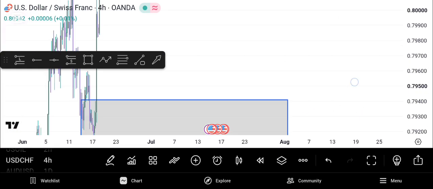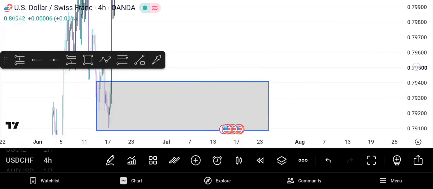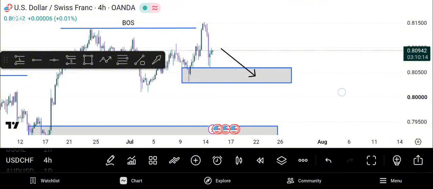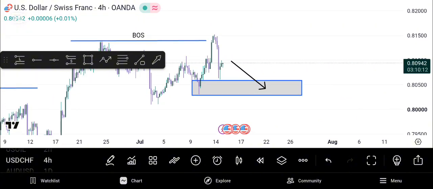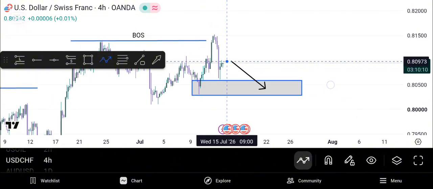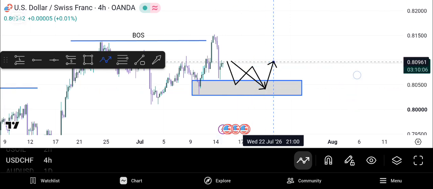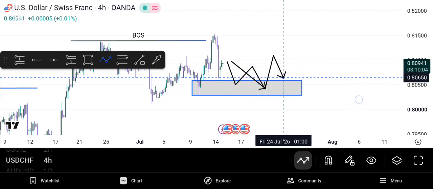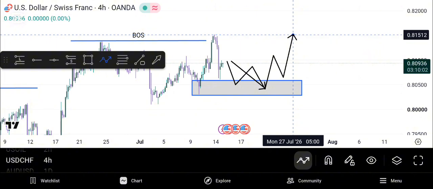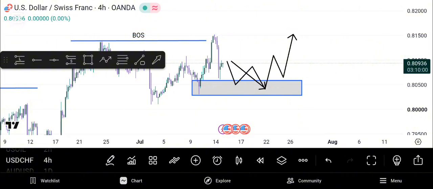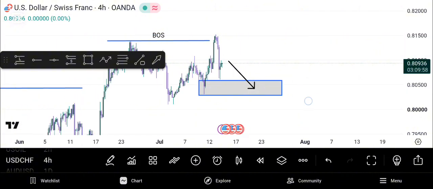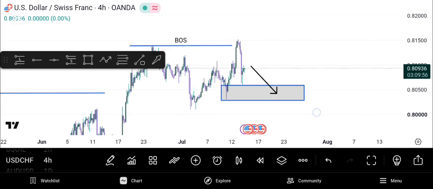So what I'll be doing now, I'll be waiting for price to fall down to this level, then give me confirmation on 15 minutes, like a market structure shift, and I buy this market to the upside. Now if I do not have that confirmation, I'm not trading this market.